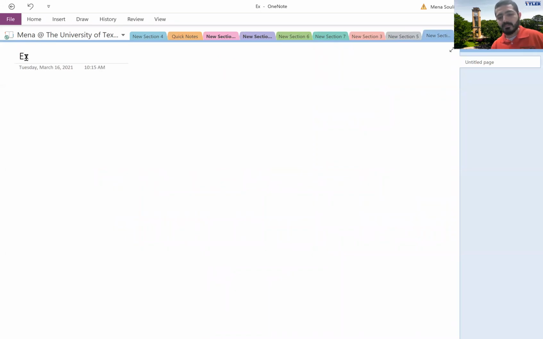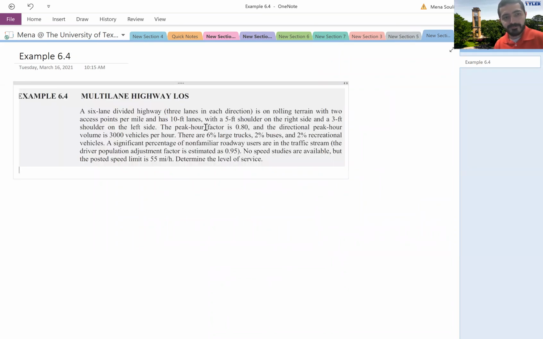This is example 6.4. Let's click here. Can everyone see? Yes. Yes. Thank you, guys. Sometimes I'm shifting between a couple of screens. I just want to make sure.